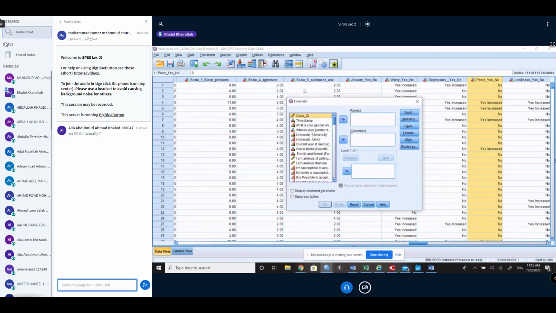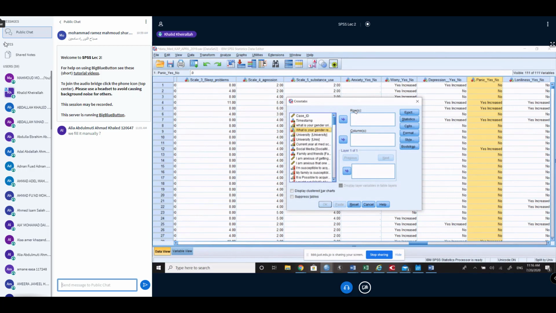Now you'll have the list of variables that you have here in the data. You have the assigned variable to the rows and the assigned variable to the columns. Okay, now gender is not going to be an outcome variable. Most cases, the outcome variable will be at the top, will be the column one.